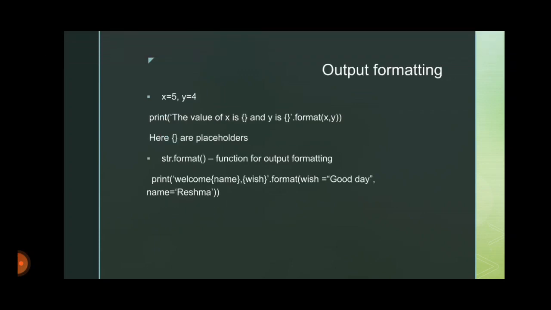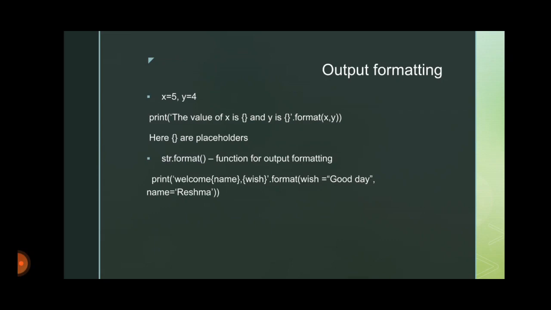And what is output formatting? Output formatting means we are modifying the output using some specified built-in functions. Consider the example, x is equal to 5 and y is equal to 4. I am printing these values using the output formatting function format. str.format is the format for output formatting.